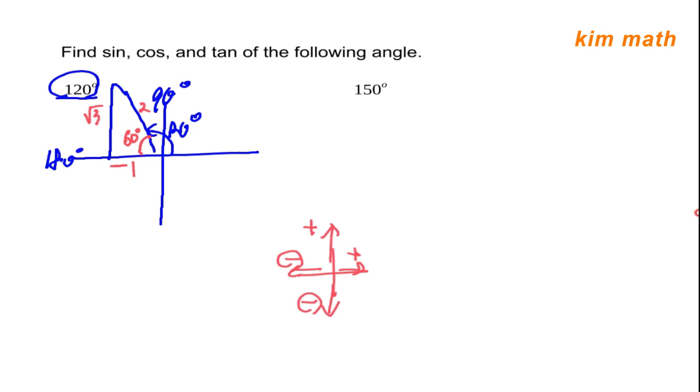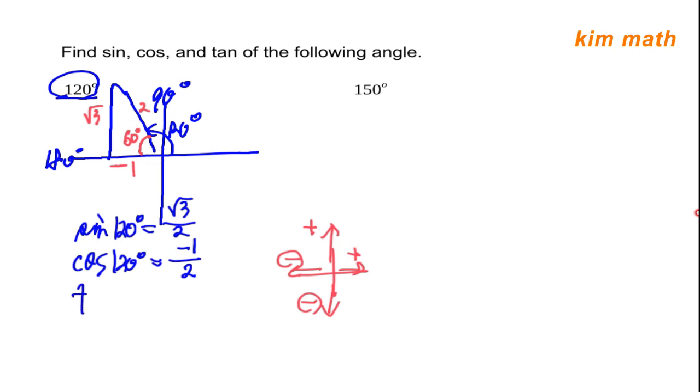So what is the sine? Sine 120 degree, y over r. Is okay? What is the cosine 120 degree? X over R. In this case, negative 1 over 2. Okay.